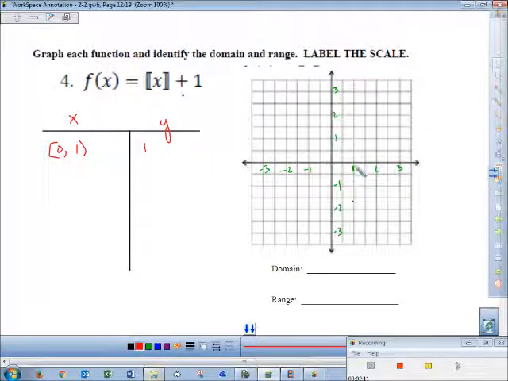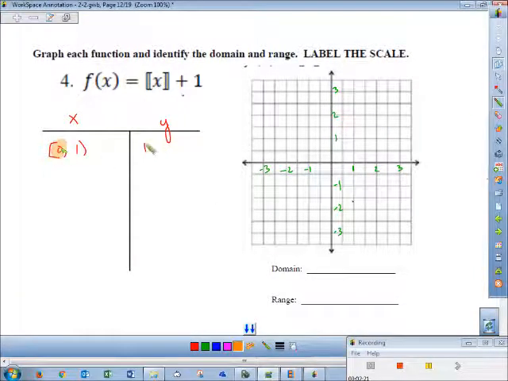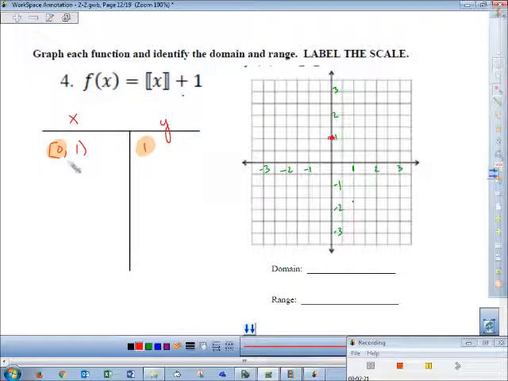On the x-axis scale, we're going from 0 to 1. The y value turned out to be 1. So when x is 0, it's like you're graphing this ordered pair, 0, 1. I can put up here 1, and that's a closed dot because 0 counts, right? It's in the bracket.